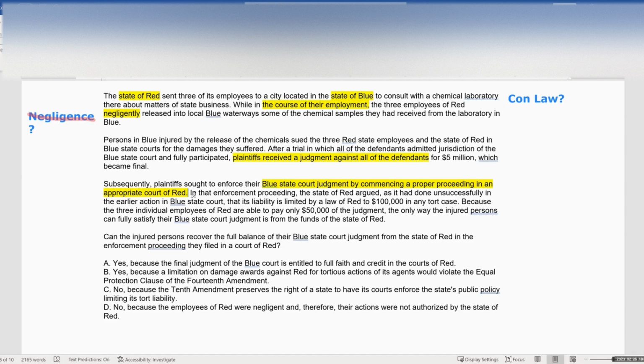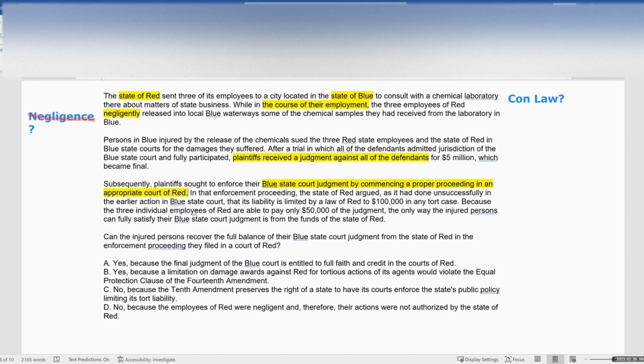In that enforcement proceeding, the state of red argued, as it had done unsuccessfully in the earlier action in blue state court, that its liability is limited by a law of red to $100,000 in any tort case.